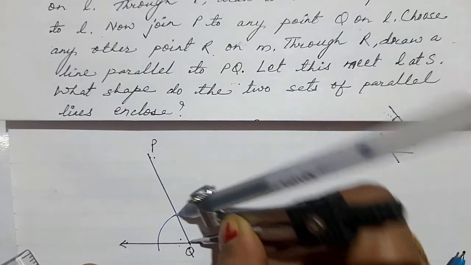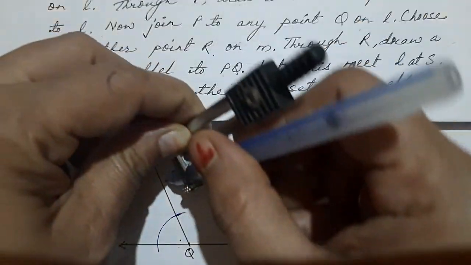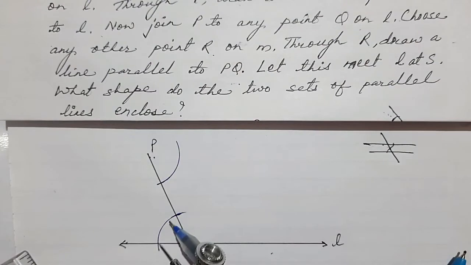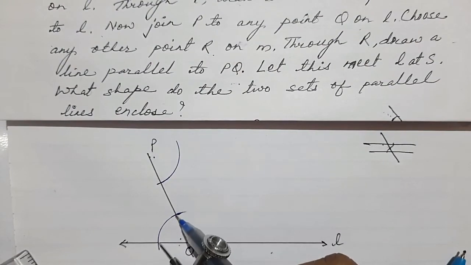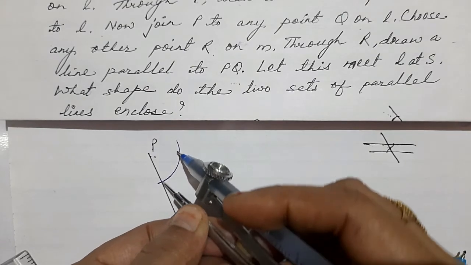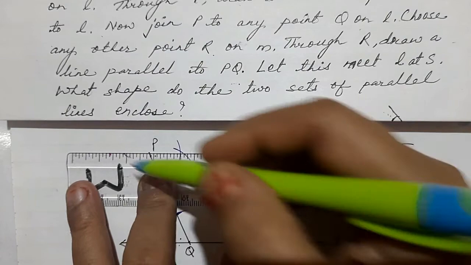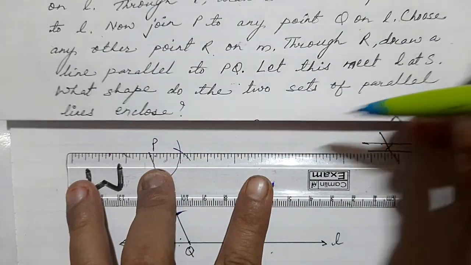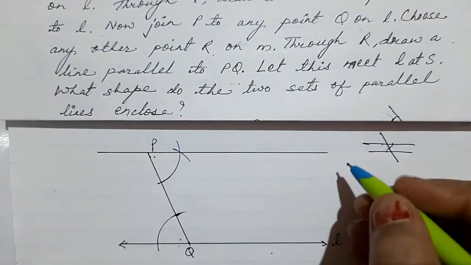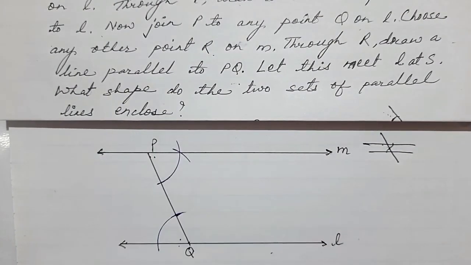This arc from Q, another arc from P, making the angle Q. Same equal size angle I want here. Joining the points, I'll make the line. And this line is M, which is parallel to line L.